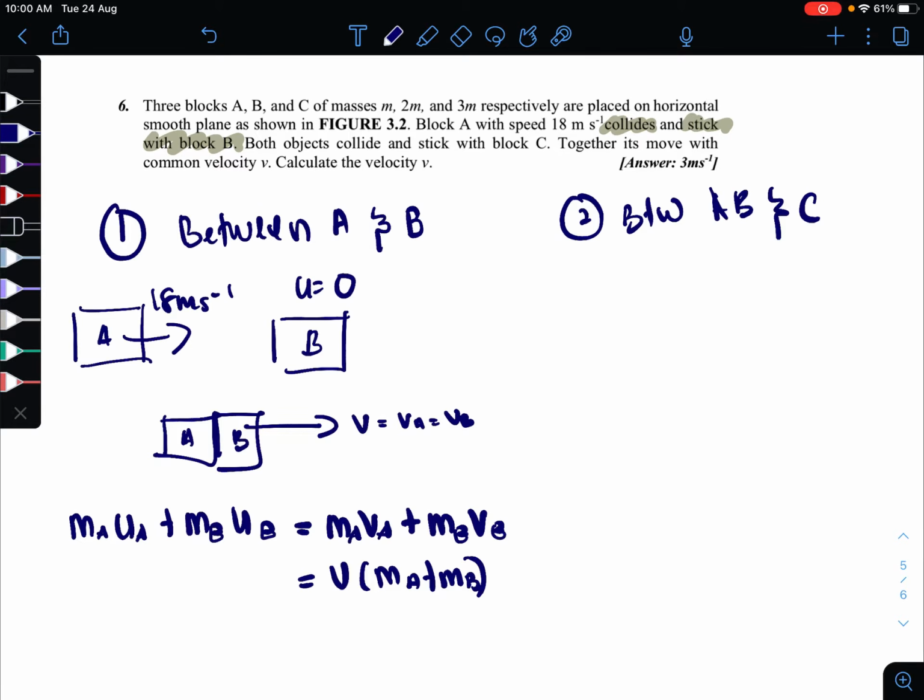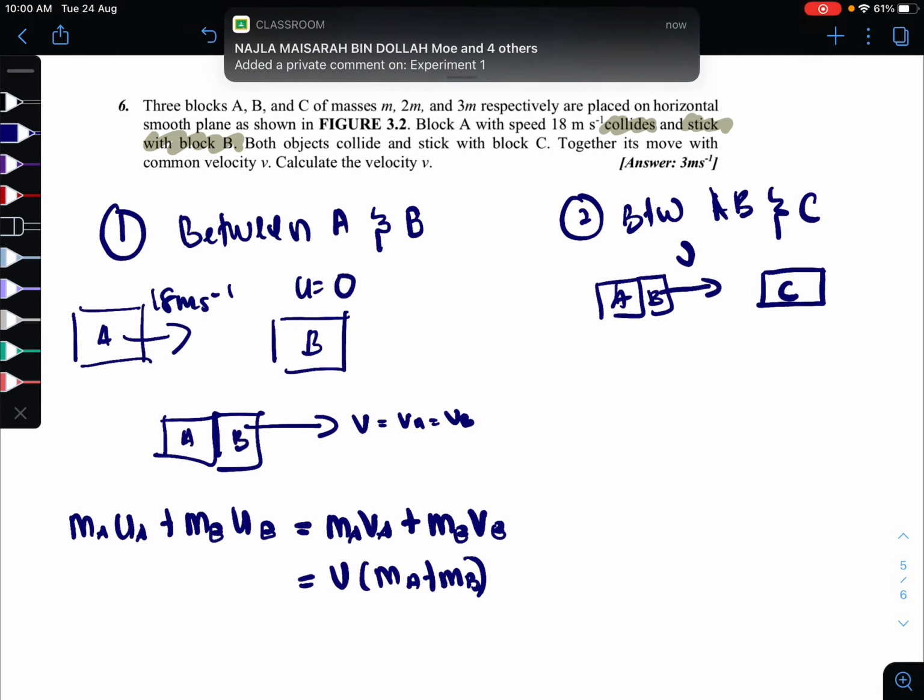What happens next is that these two objects that stick together become one object. They are one object that is going to move with the velocity we get here. This is the velocity that they are going to move with. Then they are going to collide with another object C, which was at rest.